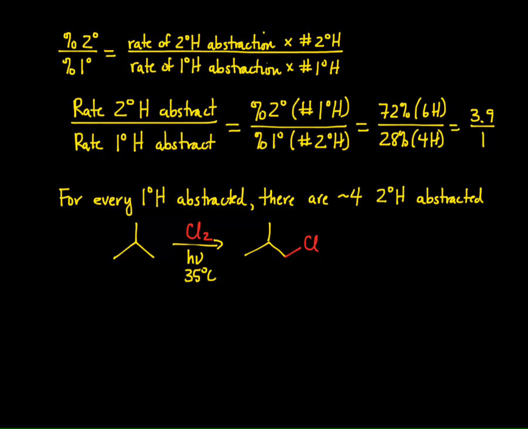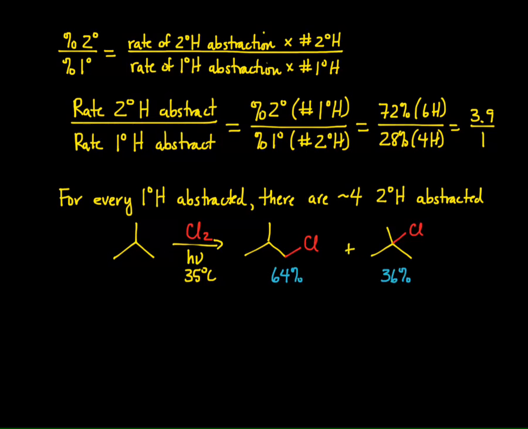So I can abstract a primary hydrogen and I get 1-chloro-2-methylpropane, or I can abstract a tertiary hydrogen and I get 2-chloro-2-methylpropane. And if I look at the product distributions of this reaction, I see that there's 64% of the primary hydrogens that are abstracted and 36% of the tertiary.